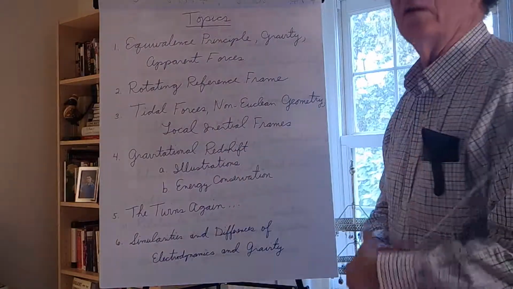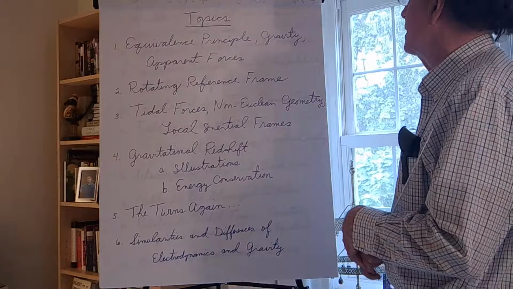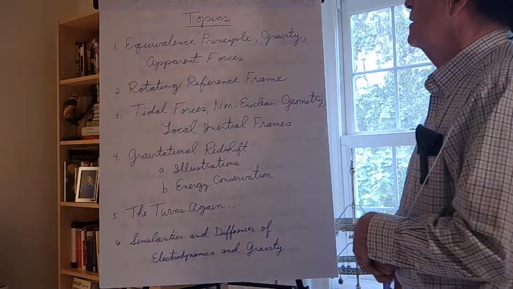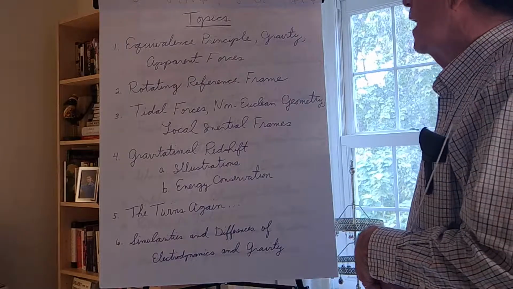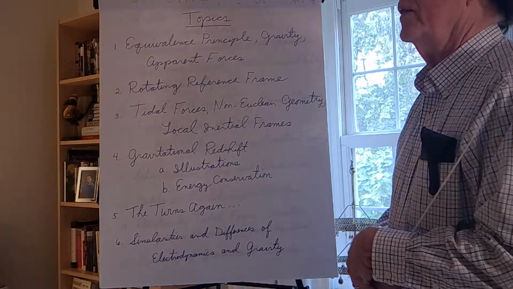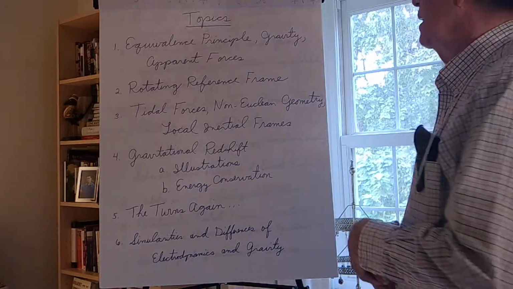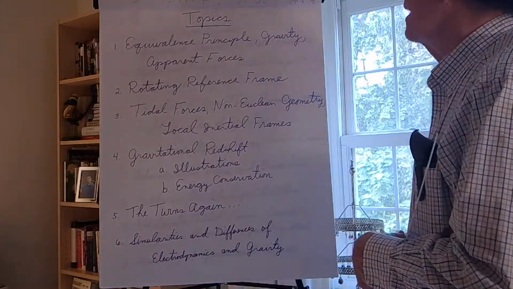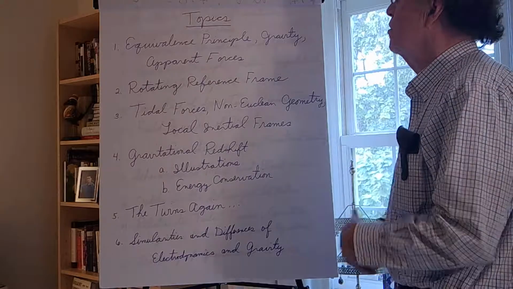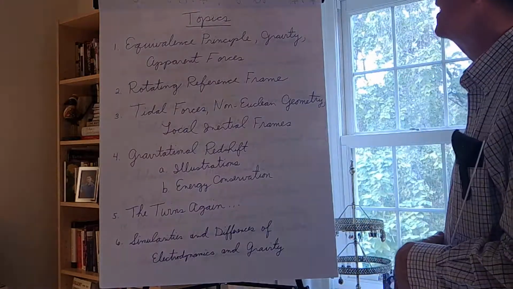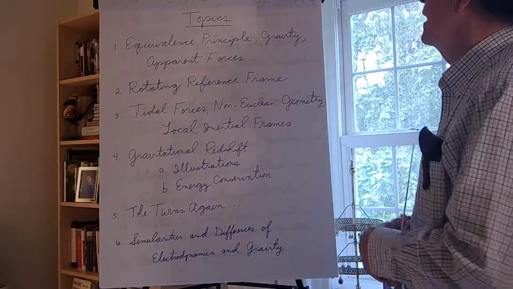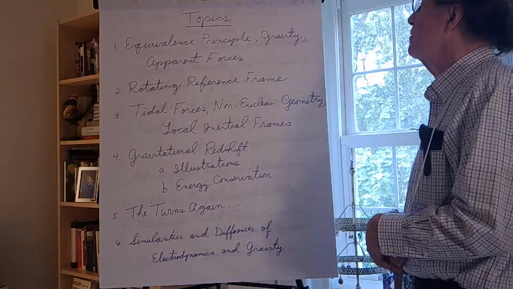In Lecture 2, we look at rotating relativistic reference frames as a simple example of what we're headed for. We want to look at the metric in a rotating reference frame and see that we find there apparent forces, Coriolis forces and centrifugal forces, and see how they appear in the metric and in the equations of motion.